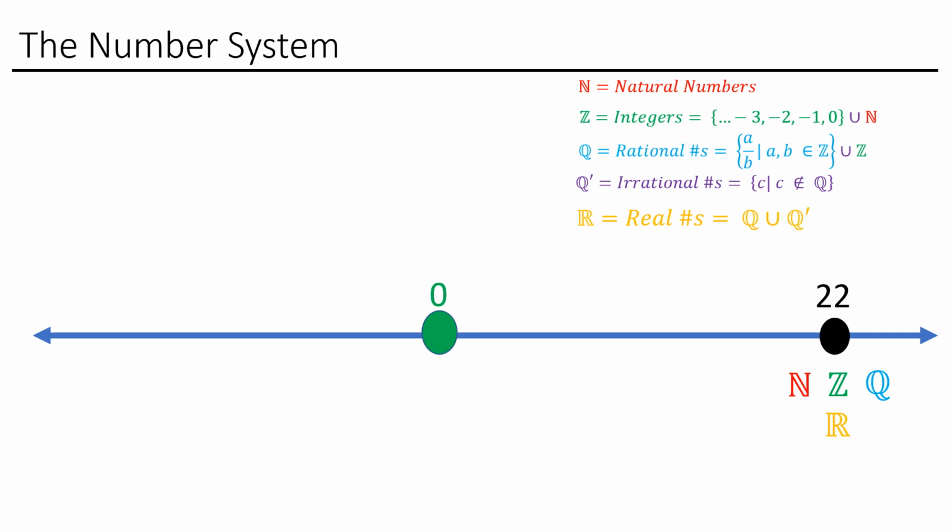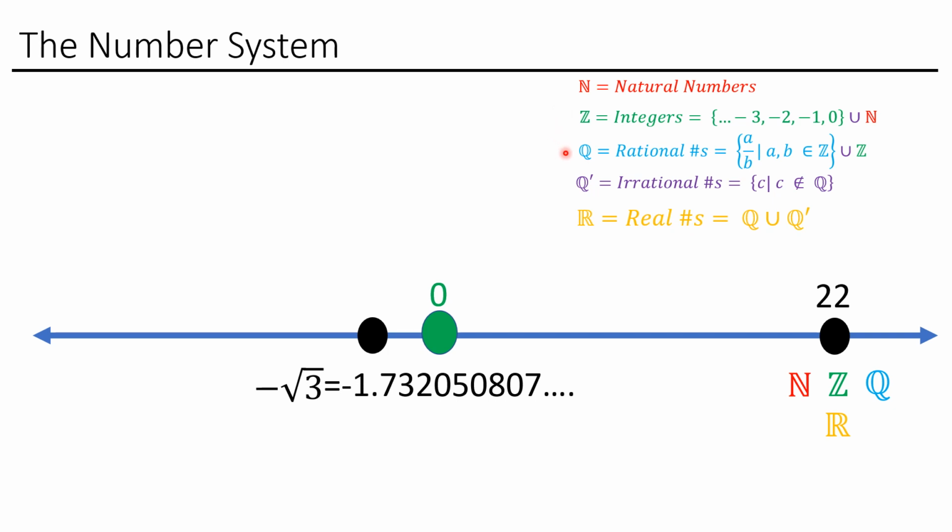Now let's take a look at negative square root of 3, which is this negative long decimal number. This one is going to be a little more limited. This one would not be a natural number or an integer.